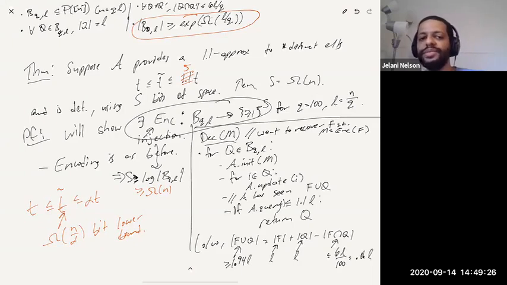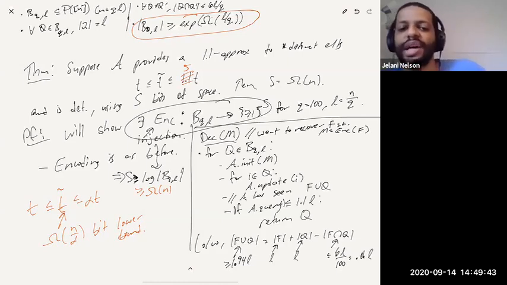What you'd imagine is that if I want a 1.00001 approximation, that should be harder because I'm demanding an even better quality of approximation. Unfortunately, this particular argument is not sensitive to sending epsilon to 0. You'll still get an omega n lower bound, where the constant doesn't really depend on epsilon, or maybe the constant might converge to some fixed constant as epsilon goes to 0.